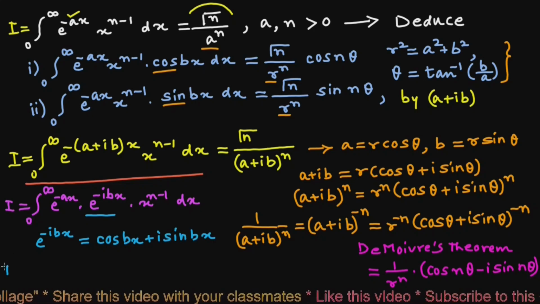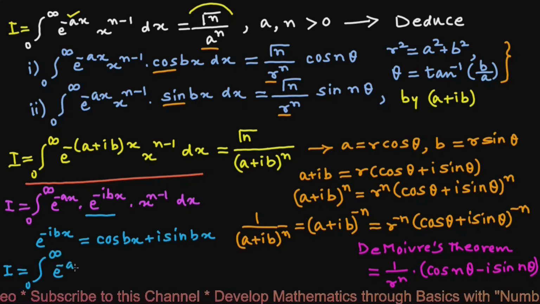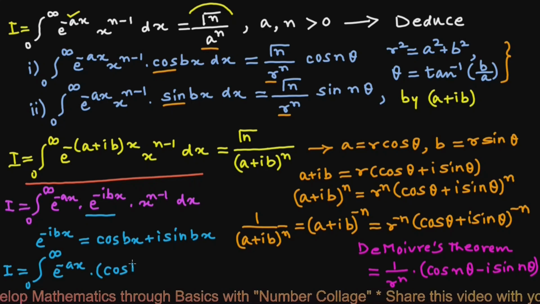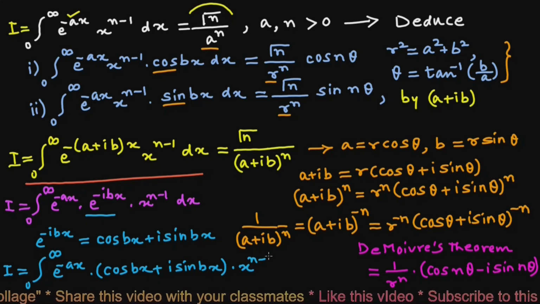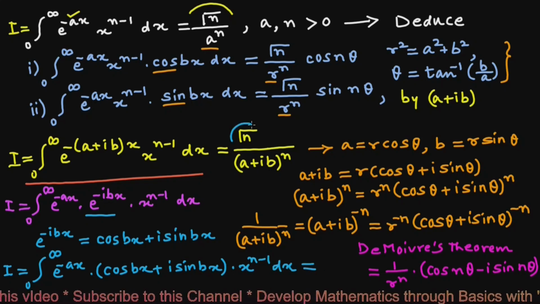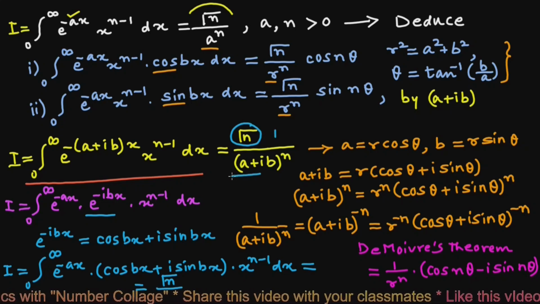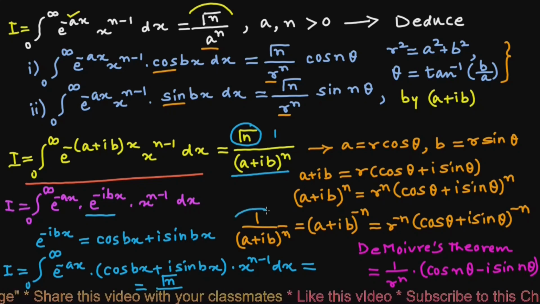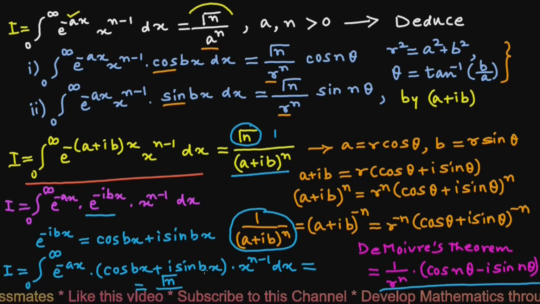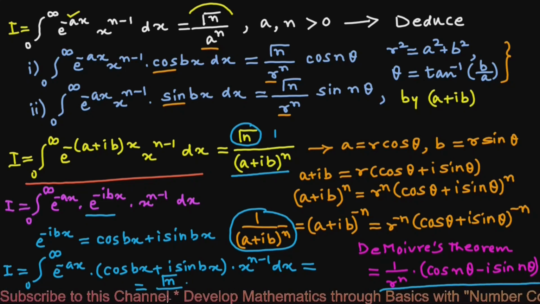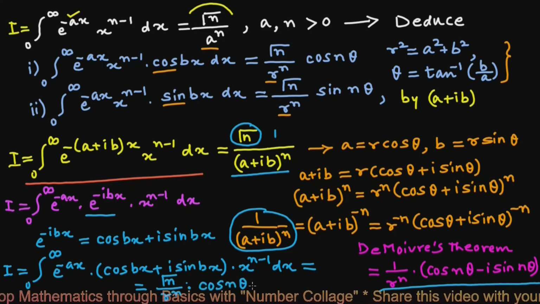Therefore, this integral will become integral from 0 to infinity of e raised to minus ax into (cos bx minus i sin bx) into x raised to n minus 1 dx equals gamma n upon, in place of 1 upon (a plus ib) raised to n, whose value we have found over here, we will write it here. That will be gamma n upon r raised to n into (cos n theta minus i sin n theta).